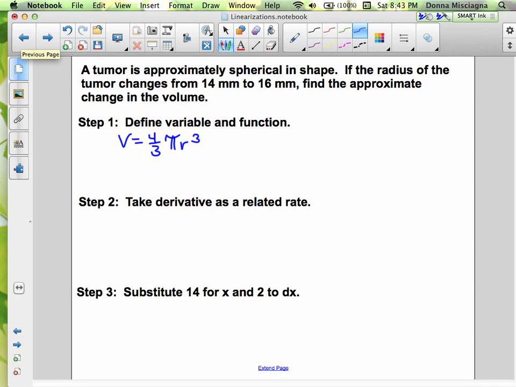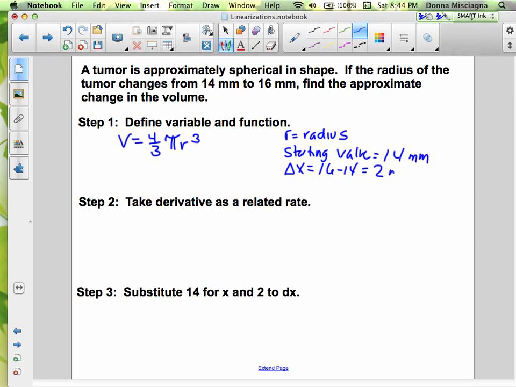All right, so r is the radius. Our starting value is 14 millimeters. Our change in x is going to be the new value, 16 minus 14.